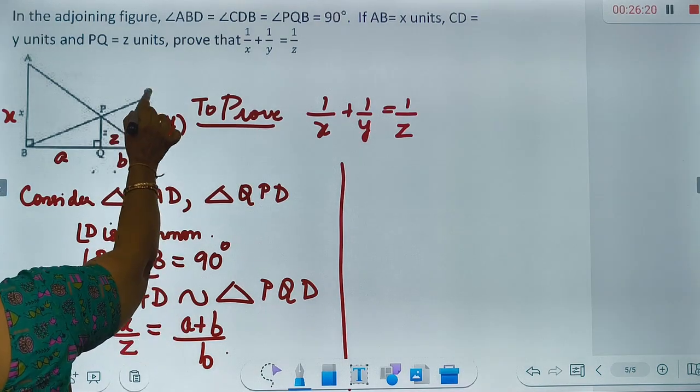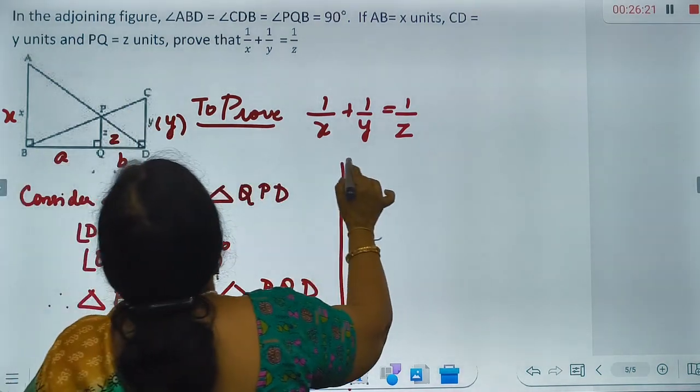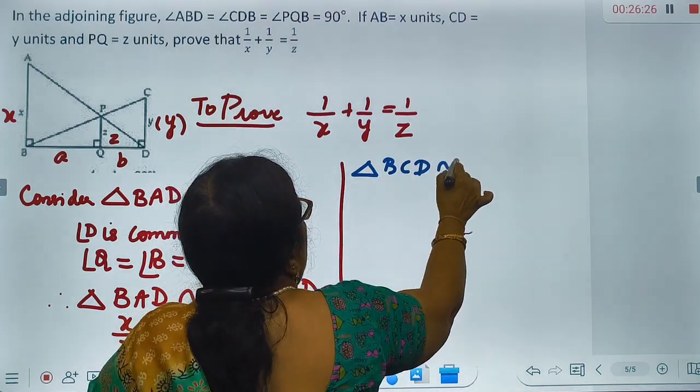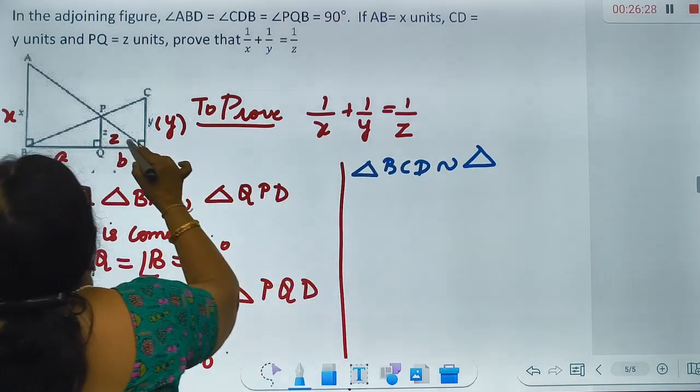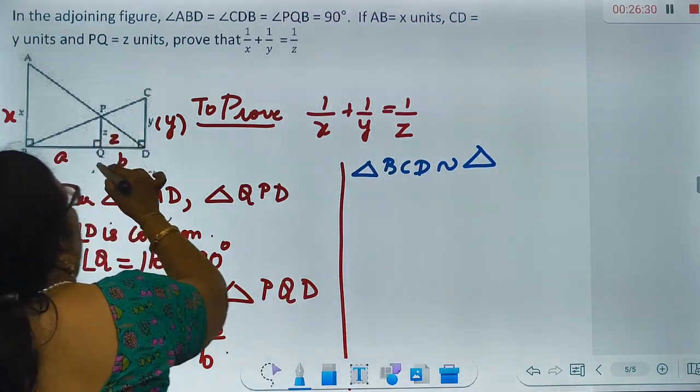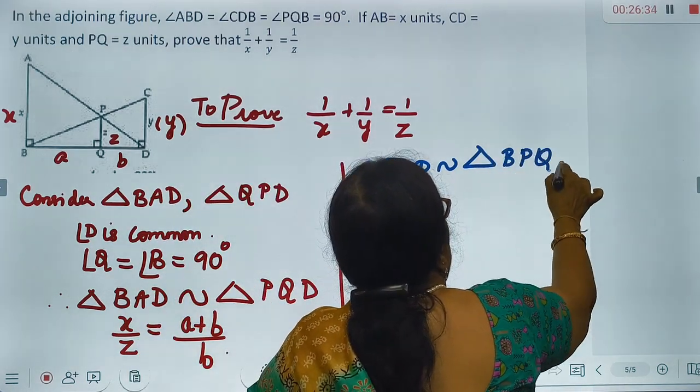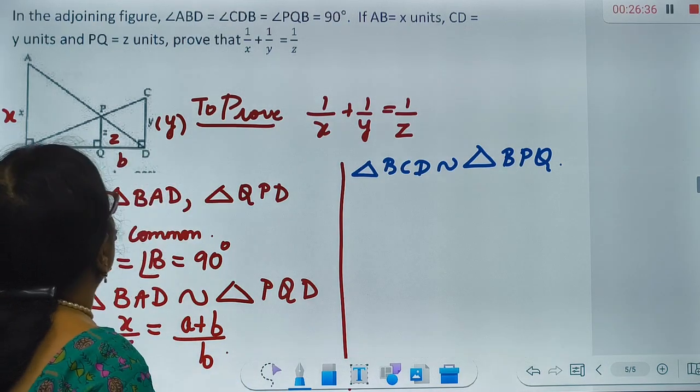Now look at the other way around. Look at triangle BCD, which is similar to triangle BPQ. Again, why?